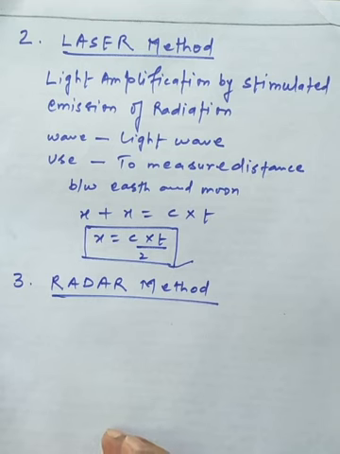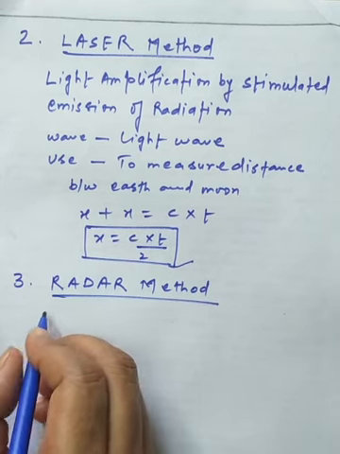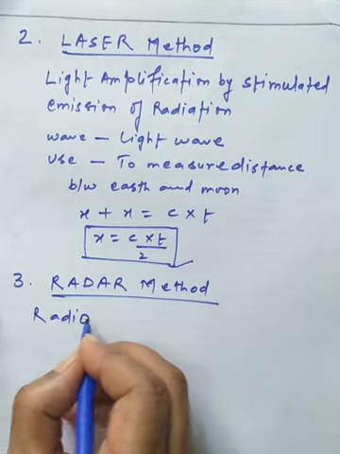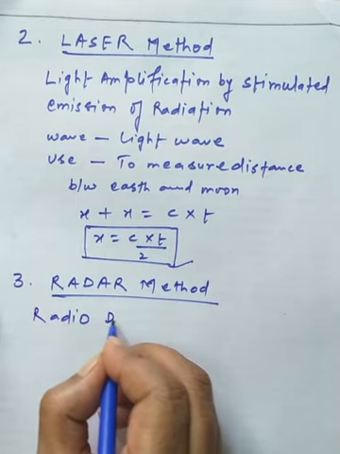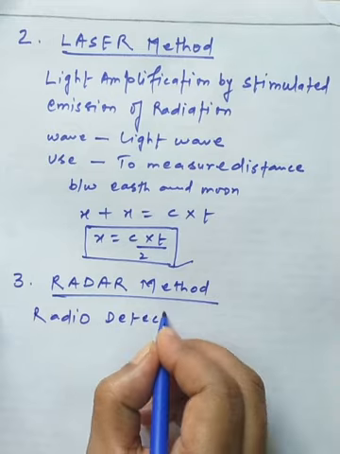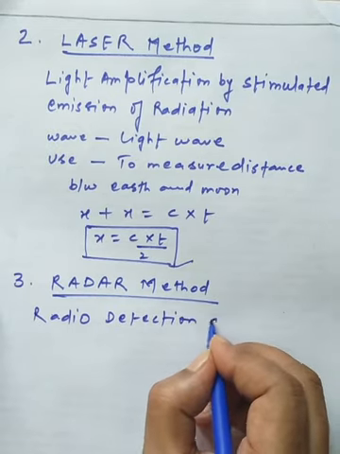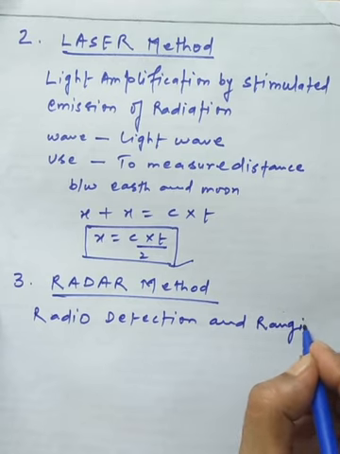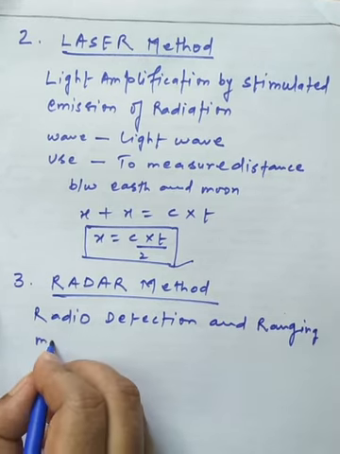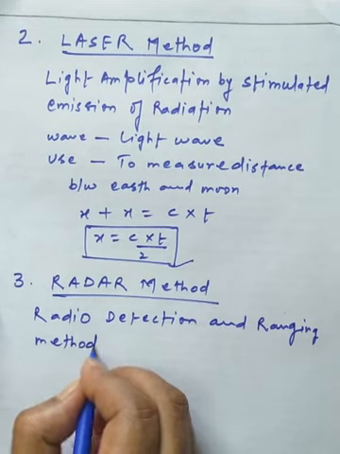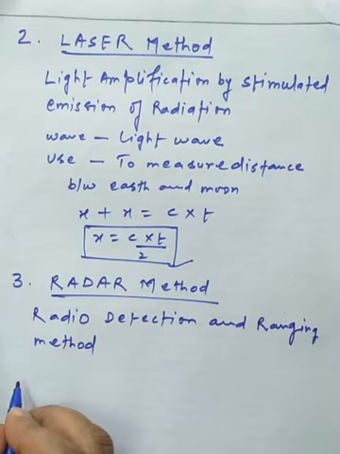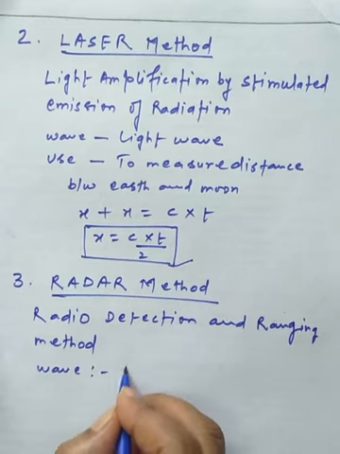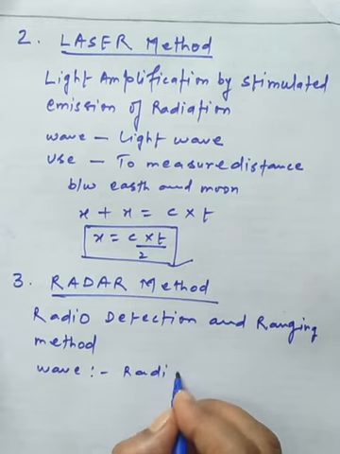Okay, now the third method we have is called the radar method, and the abbreviation stands for radio detection and ranging. The name of the wave we use in this method is the radio wave.